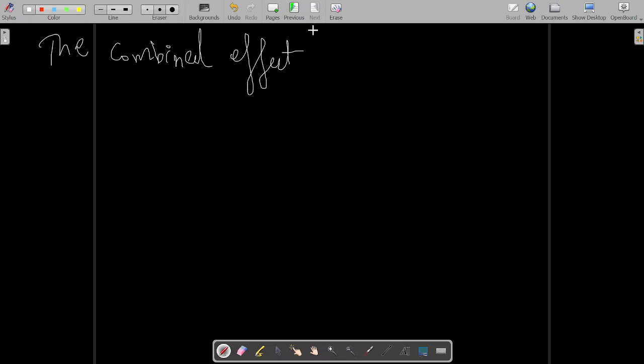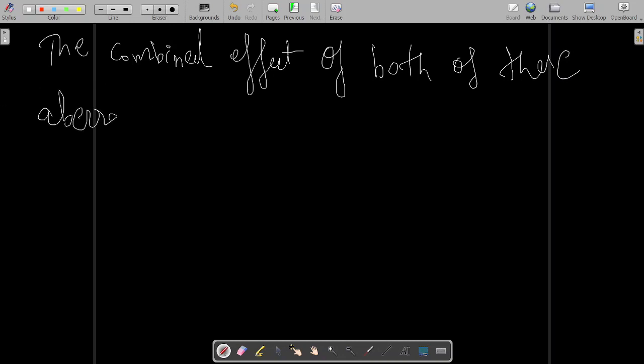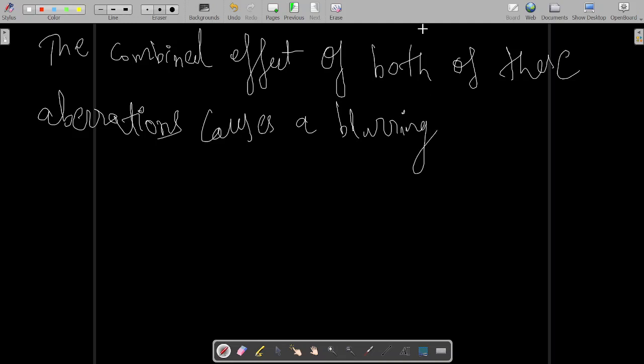Now let's write over here the combined effect of both of these aberrations causes a blurring of the image.